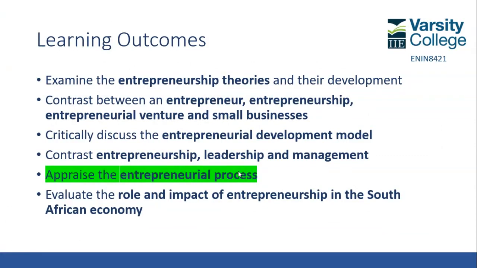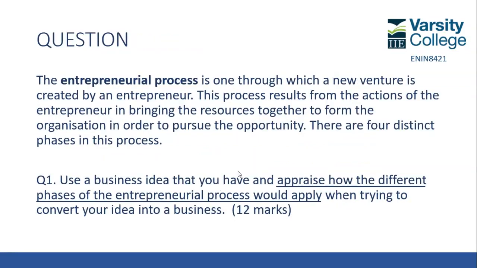And then we critically discussed the entrepreneurial development model, contrasted between entrepreneurship, leadership, and management. And now, for some reason, it is highlighted that we will have to appraise the entrepreneurial process and then also evaluate the role and impact of entrepreneurship in the South African economy.